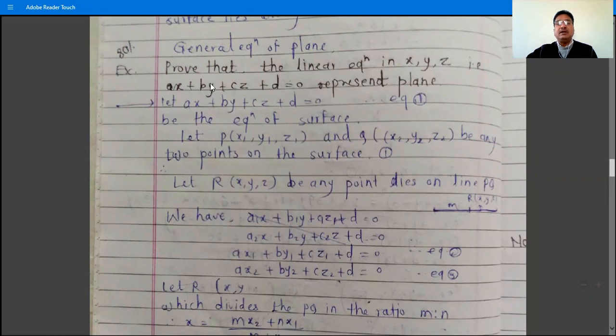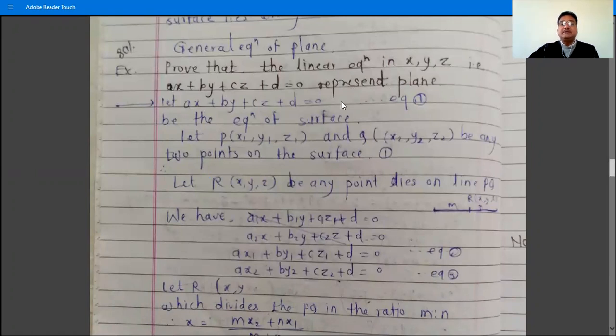We know that in x, y, the general quadratic equation represents a conic section, like ellipse, hyperbola, parabola. Like that, this is the general linear equation in x, y, z. So we have to show this equation represents a plane, or this is the equation of plane.